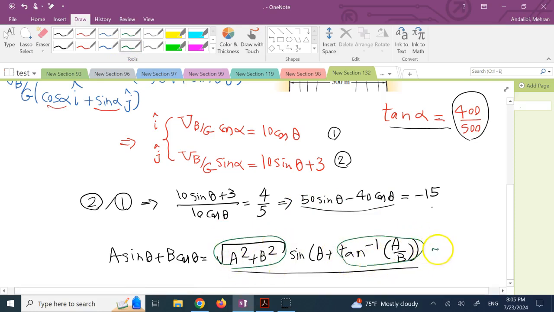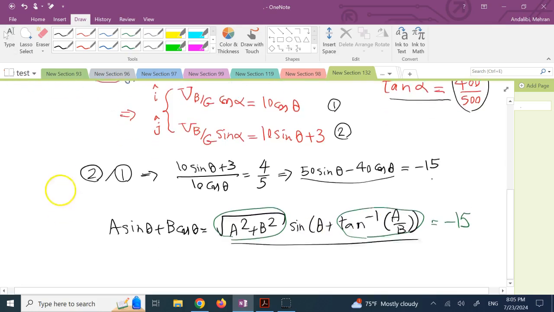When that is equal to negative 15, you divide both sides by that square root, take a sine inverse, and then subtract that tangent inverse of a over b, which is a number. That gives you theta. That's one way to do it.